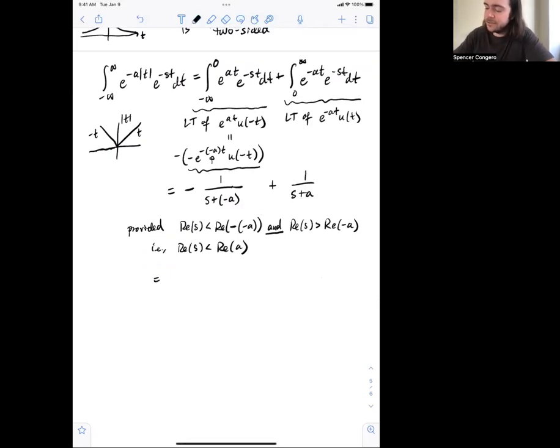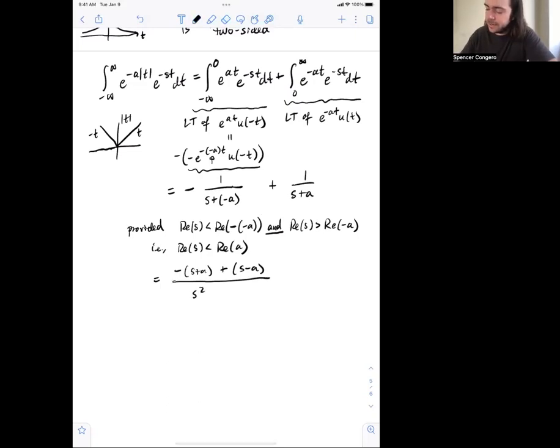And provided they are true, now let's continue with this equal sign. We'll put everything over a common denominator. So I'm going to multiply this by s minus a, and then add it to negative times s plus a, and put it all over their product. So I'm going to get negative s plus a, that's this times that, plus s minus a, that's this times that, all over their product, s minus a times s plus a.